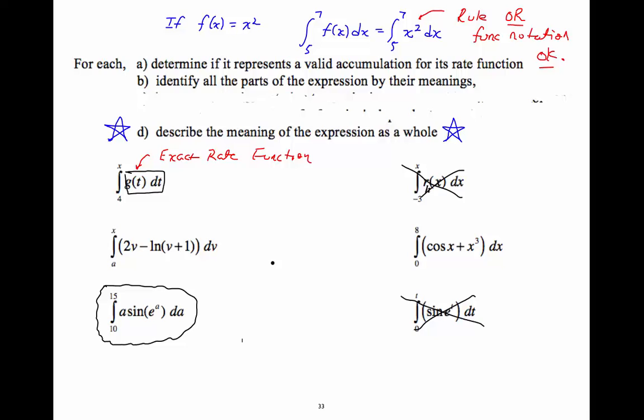Can you say what it means? She said the exact accumulation as we change from 10 to 15 at the rate a times sine e to the a. How'd she do? Right, well done. So it's the accumulation of changes according to that rate function starting at 10, ending at 15. So it's an amount of accumulation or a change in accumulation.